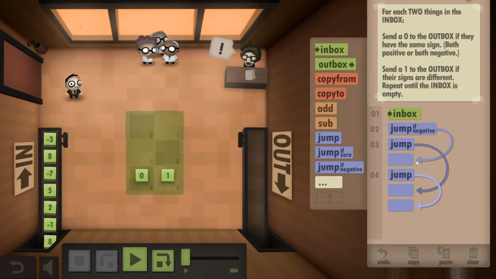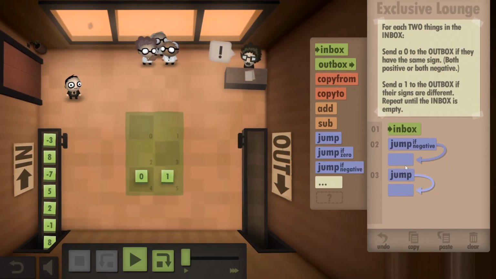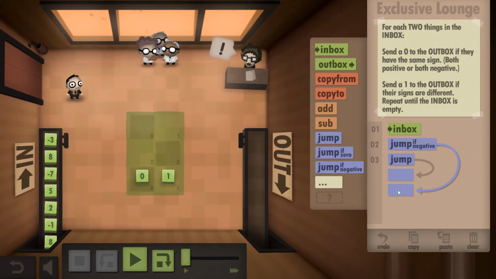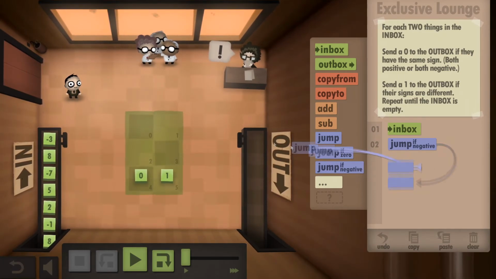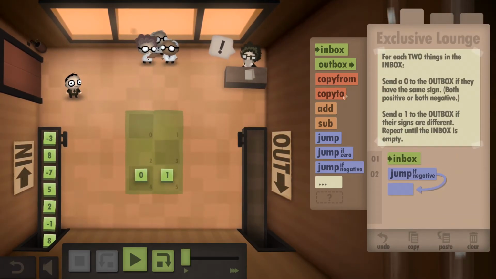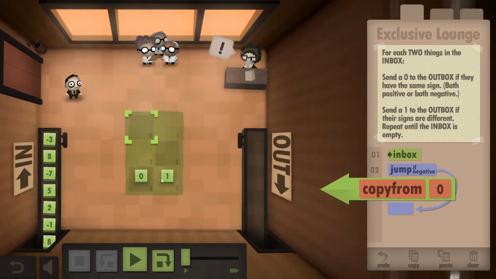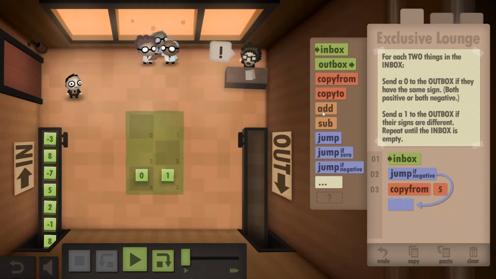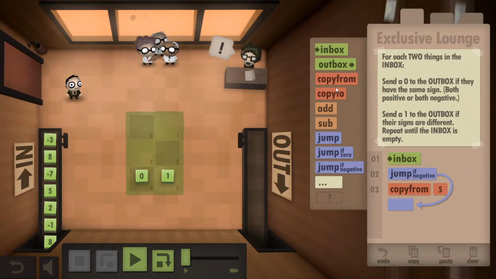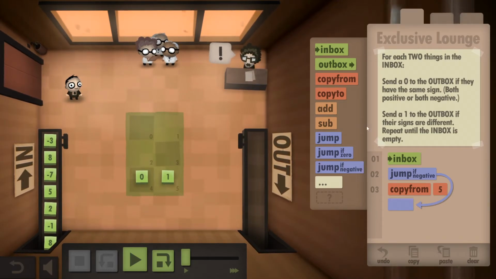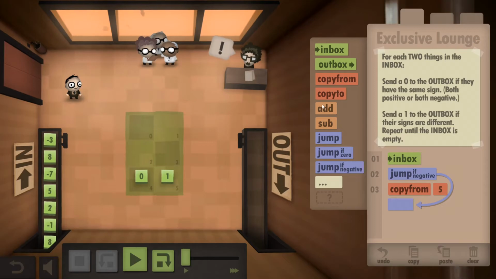So if the number is negative, then we'll just jump down here. If it's positive, we want to pick up a slot 5, excuse me, copy from 5. We'll pick up a 1, and we will store that in slot 0.